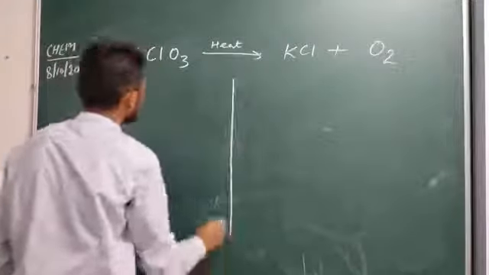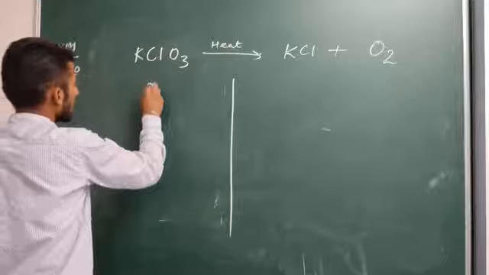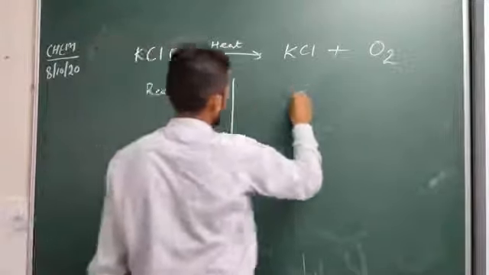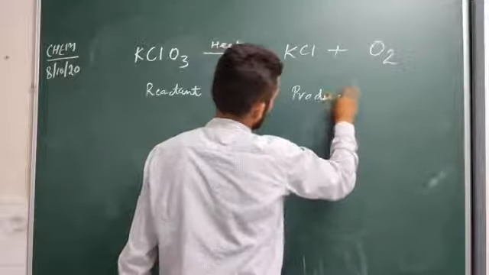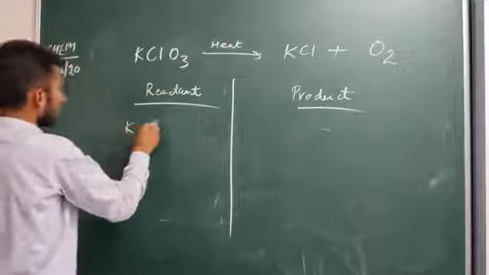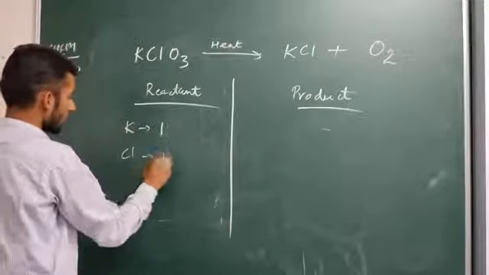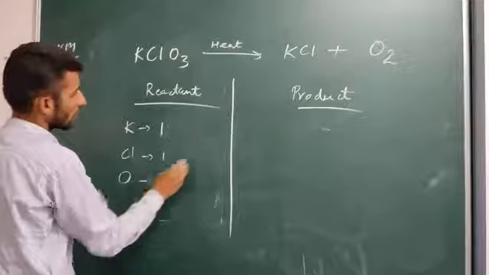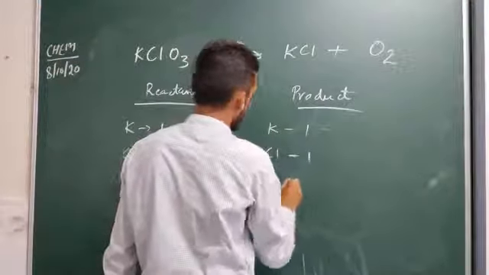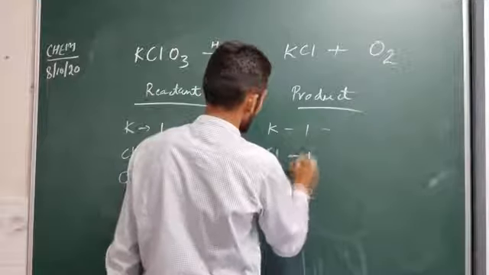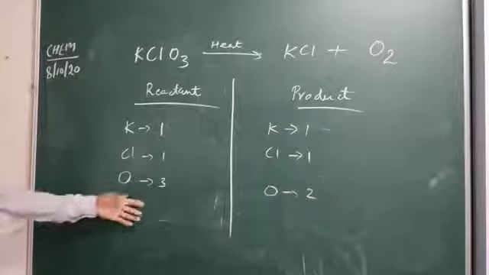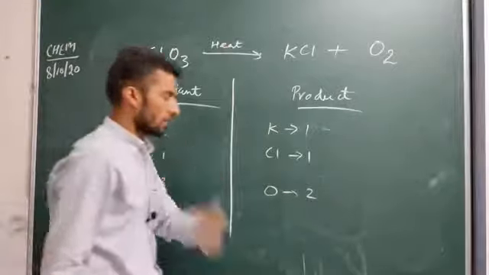Again the same: write down the number of atoms of the reactants and of the products. So K is 1, Cl is 1, and O is 3. On this side K is 1, Cl is 1, and O is 2. Now you need to balance the oxygen.